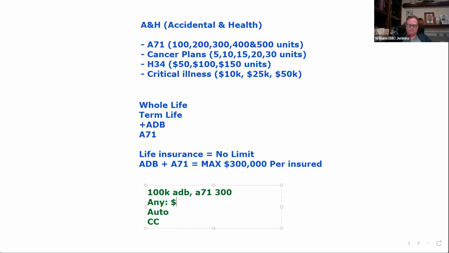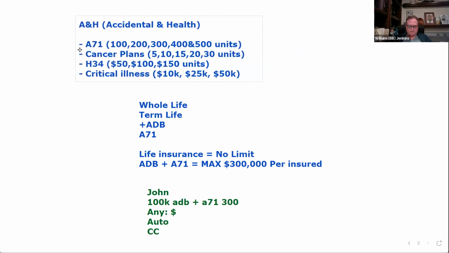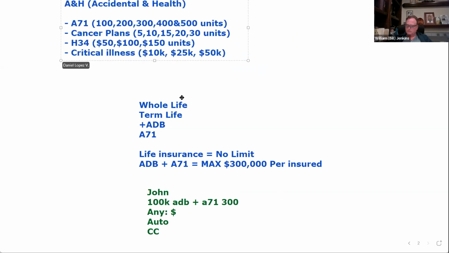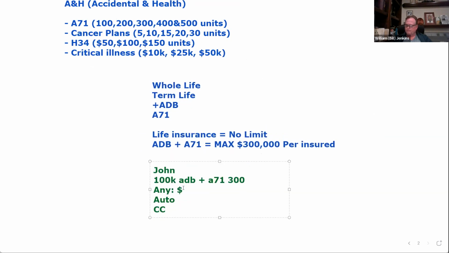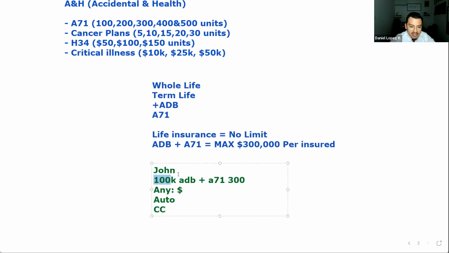He gets 100,000 of ADB plus the A71 300 unit.